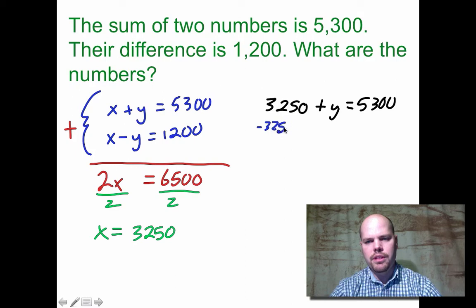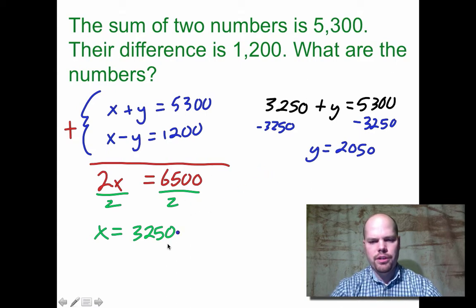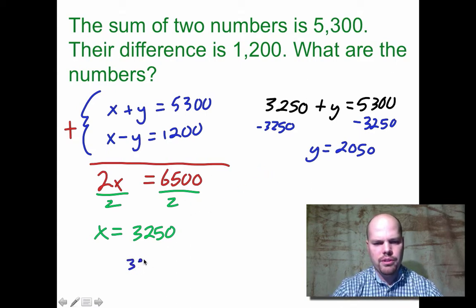Subtract 3,250 from both sides, and we end up with y equals 2,050. So there is our solution: 3,250 for x and 2,050 for y.